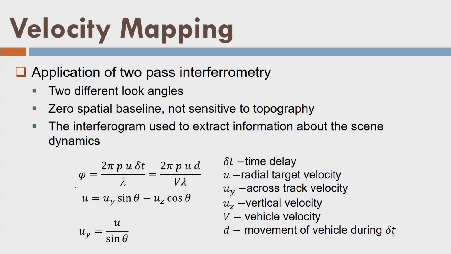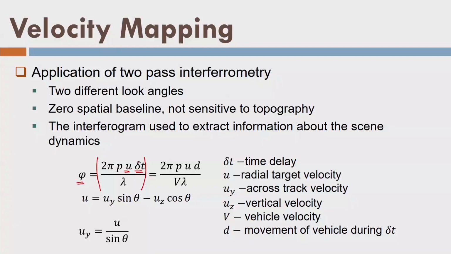So let us say I measure the phase here, psi, and this is the delta t during which that point has moved, and this formula is given. Once there is a radar sensor here, in the next pass when the radar sensor comes, it finds that the point has moved.